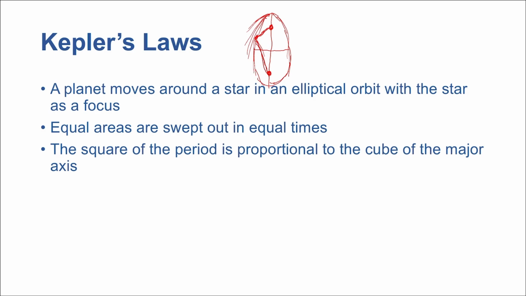Now, the idea is that if this is a planet, then this would be a star, and it would rotate around the ellipse with the star at one of the foci. And it can be proven that because forces are only acting on the planet with radial and tangential accelerations, there's no acceleration into the blackboard.